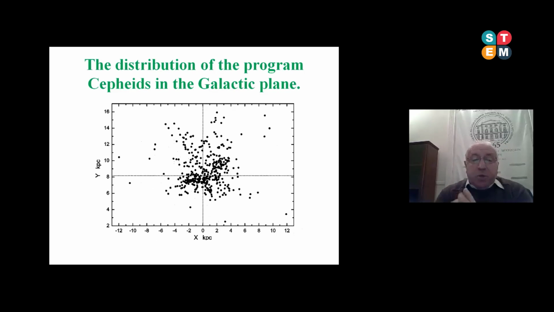So this is the distribution of our stars in the plane of our galaxy. You see the sun is here at the cross of two lines. We are here. Here is the center of the galaxy, but this is quite an old picture. I will be speaking about the central parts, so about stars which are concentrated here.